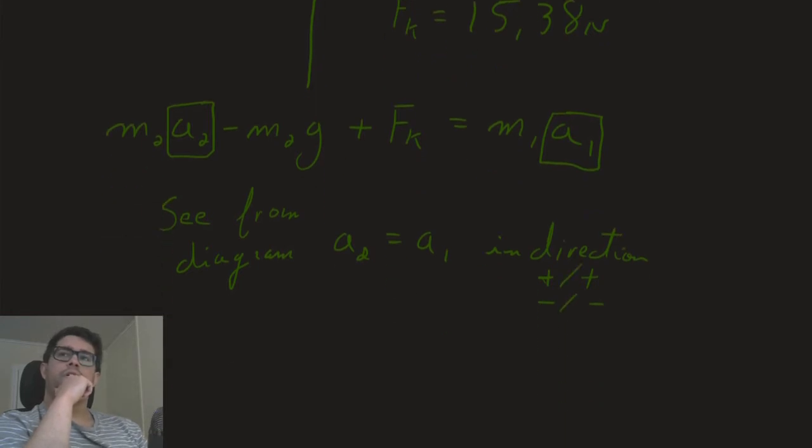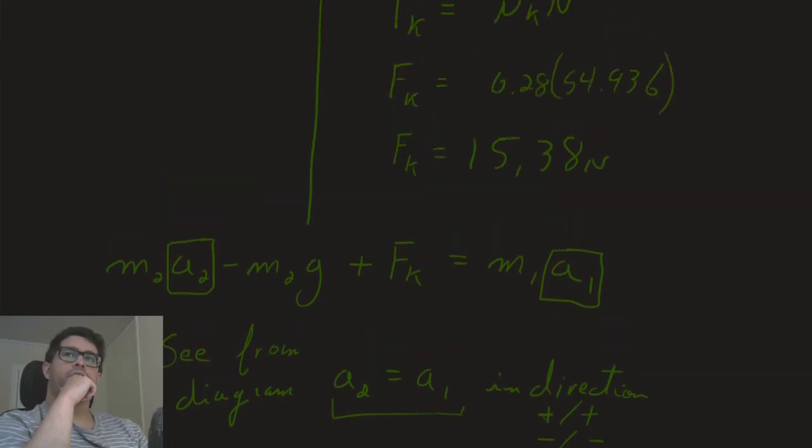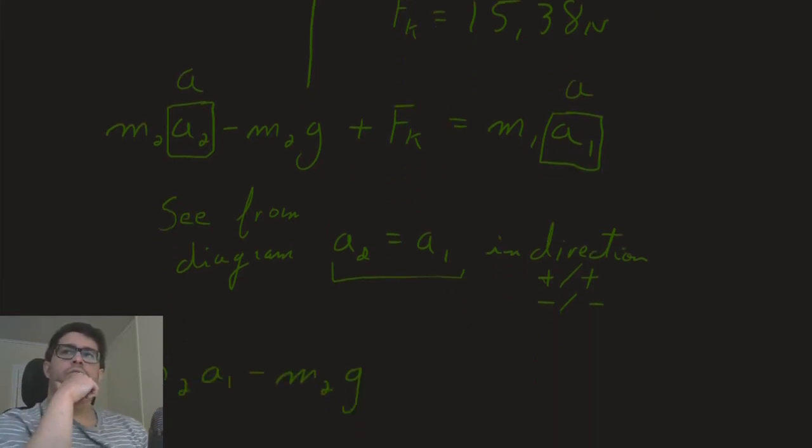So basically this is what we're writing: M2 A1 minus M2 G. What this is doing is literally saying that the value that we have here is A. The value that we have here is A. It's not minus A like the previous Atwood machine.